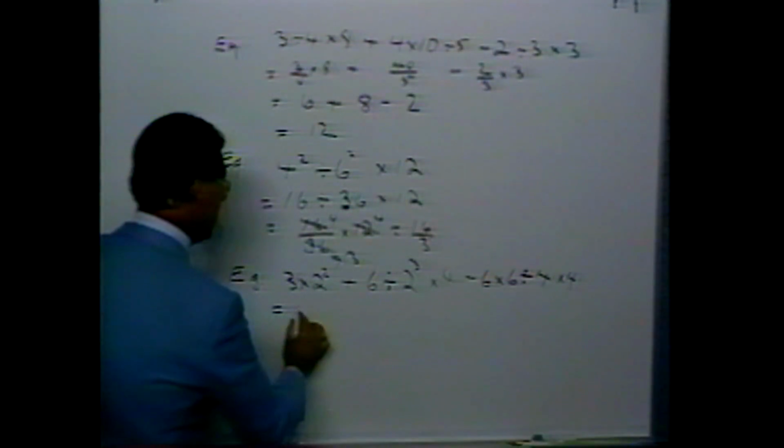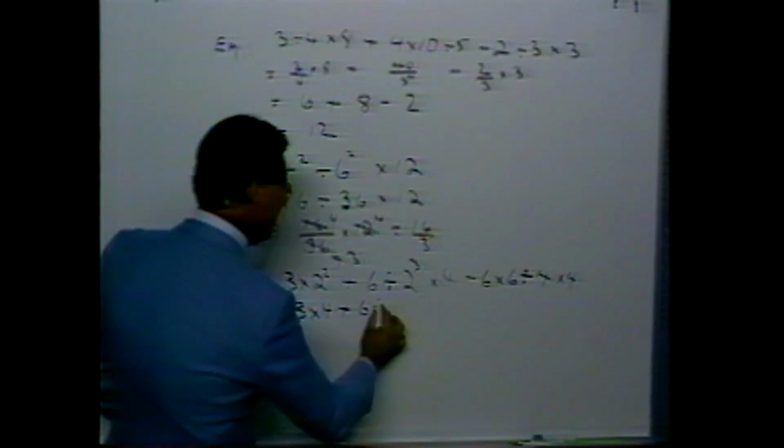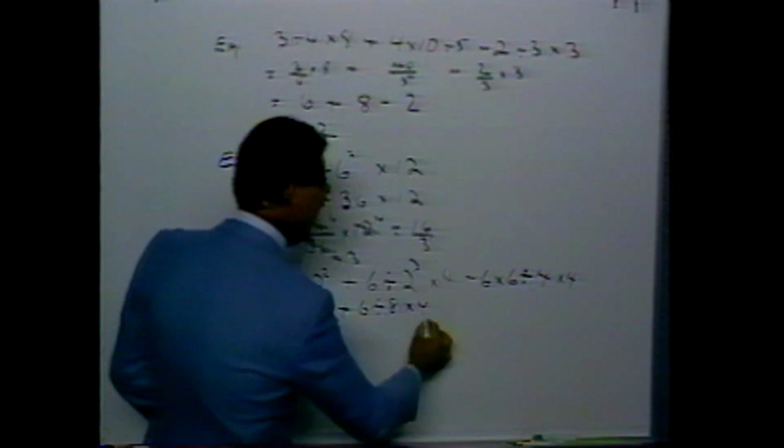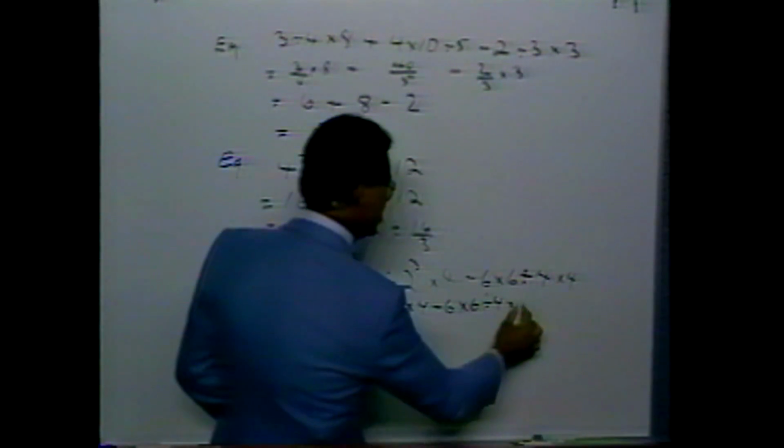And so we say 3 times 4 plus 6 divided by 8 times 4 minus 6 times 6 divided by 4 times 4.